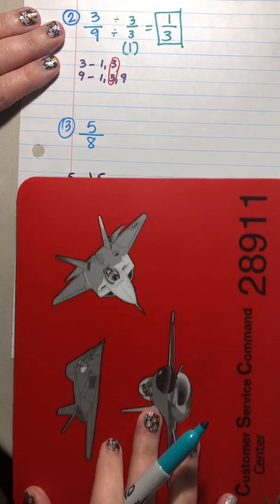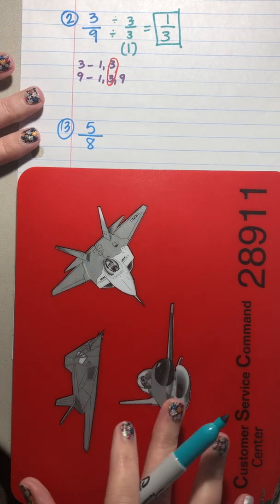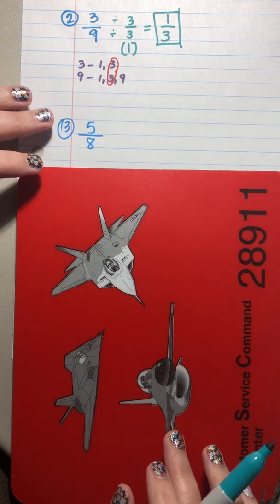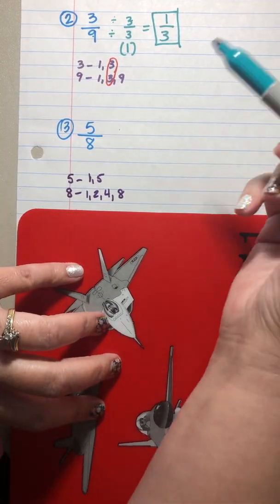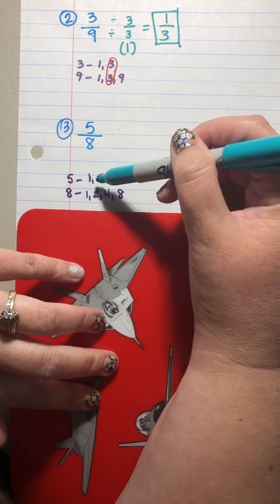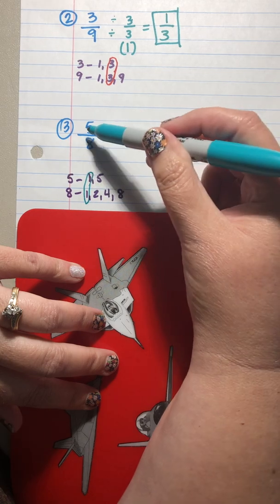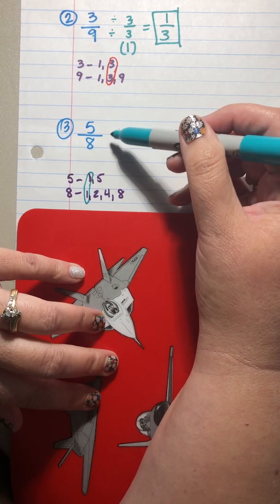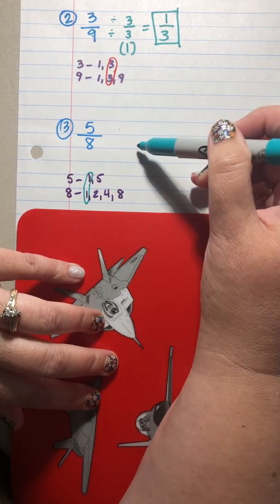Okay, let's look down here. So 5/8. So this one, I was looking at and I'm going, I don't know what it can be divided by. So I did my factors, and I see they have no common factor except 1. So 5/8 cannot be reduced any lower because there's nothing it can be divided by to make these numbers smaller.